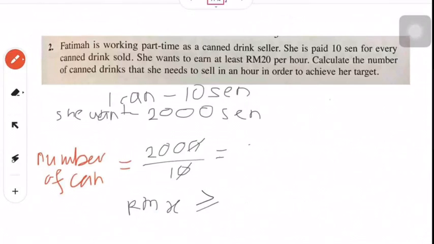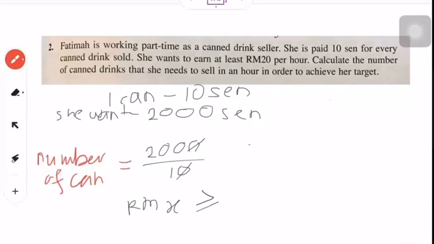RMX is greater than RMX. 200. Is it RMX? Read the final sentence from the situation. Okay teacher. Baca balik. Cakap apa? Actually I want to write but I have been kicked out from my Jamboard.